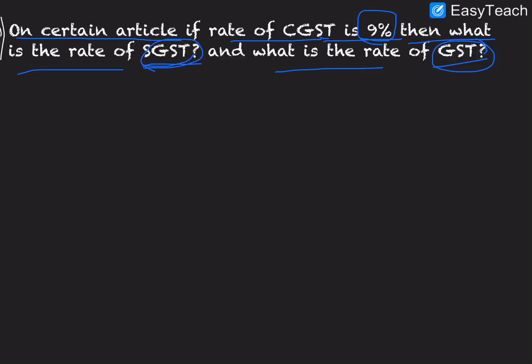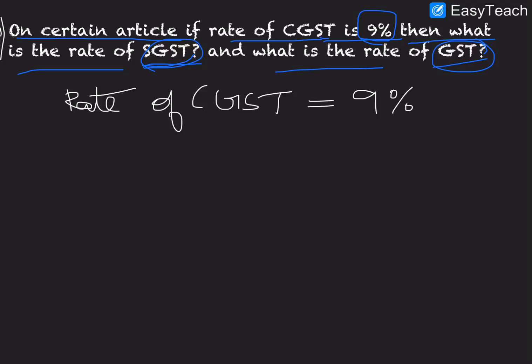So let us see what is given in the problem. The rate of CGST is equal to 9%. What we have to find is SGST. We know that SGST is equal to CGST. So therefore we can write the rate of SGST.